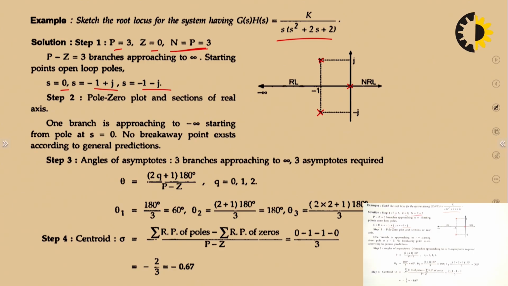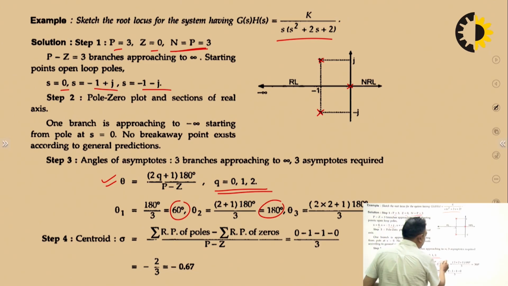Now we will see the angle of asymptotes, which is (2q plus 1) into 180 upon p minus z. So there are 3 asymptotes. Asymptotes are the lines by which the branches of root locus reach towards infinity. From this formula, we get the values 60, 180 and 300.